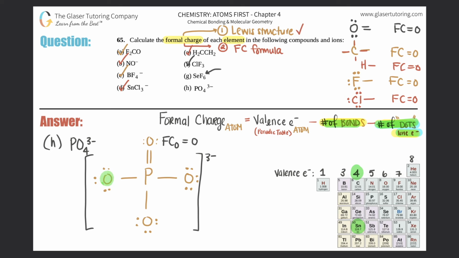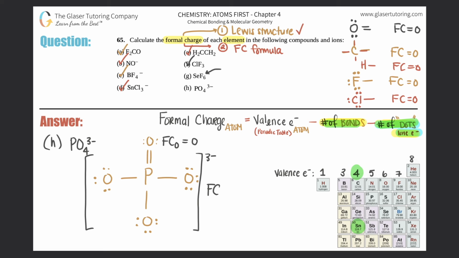I can't say that for these oxygens because these have only 1 bond, so they are different. However, they're all the same because each one has 1 bond and 3 lone pairs. So I could just find out 1 oxygen and I will know the other 2.